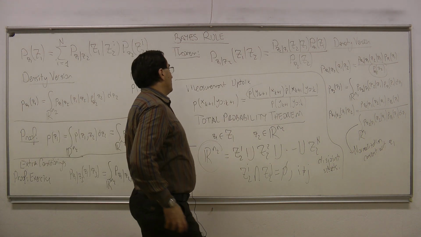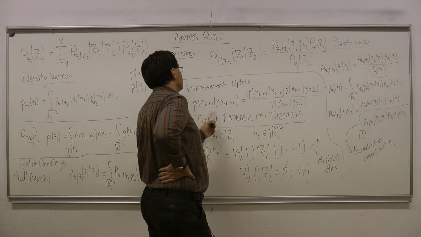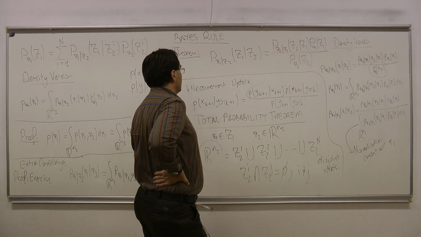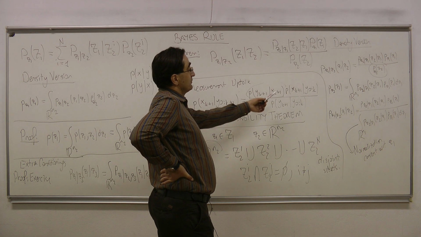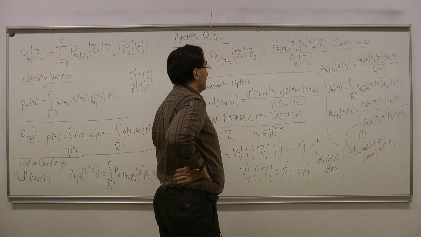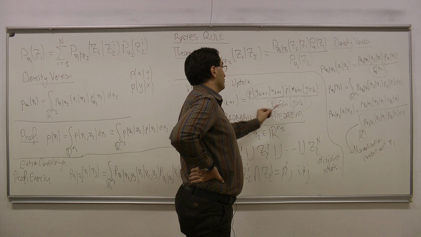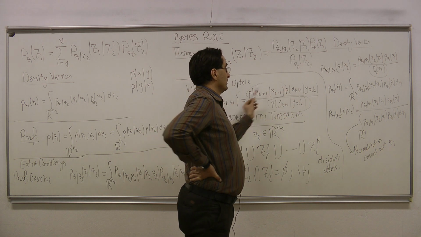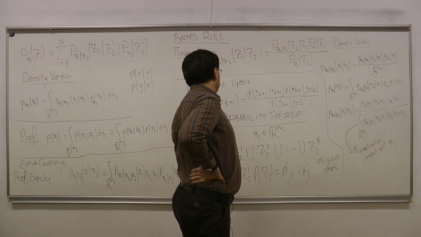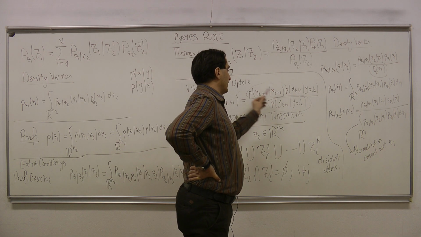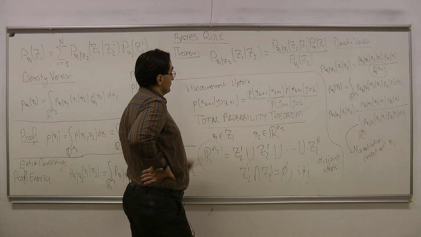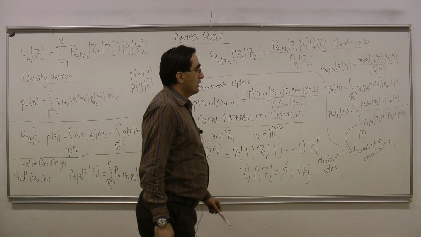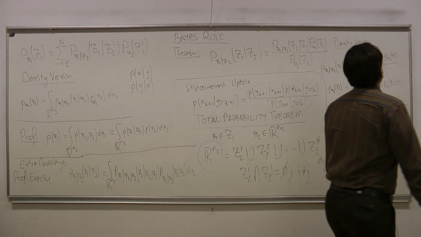So here I told you that this measurement update can actually be derived by this Bayes rule. This denominator is nothing but a normalization constant for the numerator, to make this numerator a proper density, to convert it into a distribution function with respect to xk plus 1.